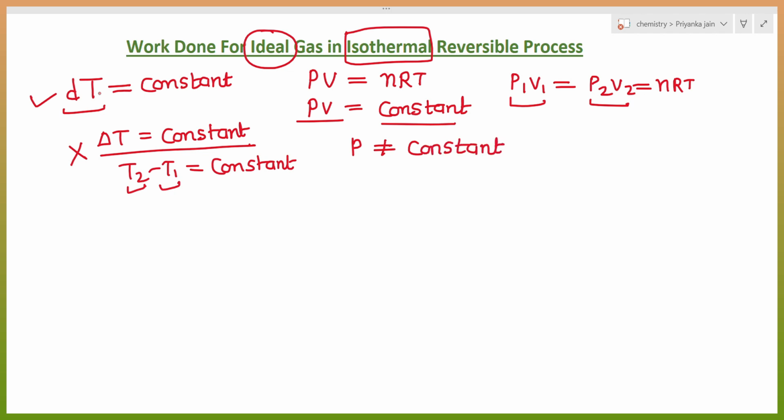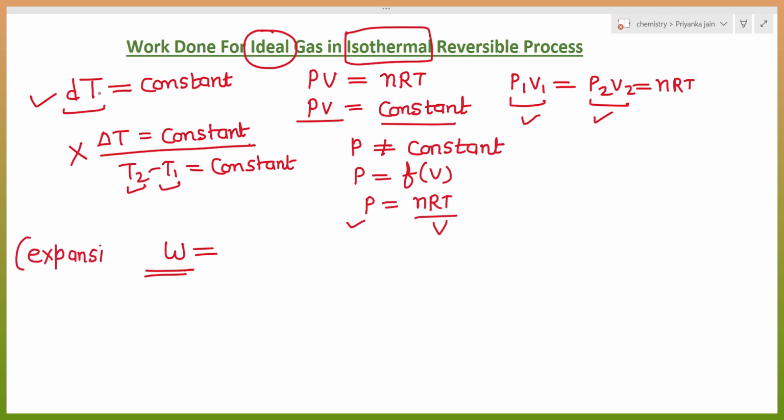So we can say P is a function of volume, or we can write here P is equal to nRT upon V. So you can use this equation, or this equation, any one equation whenever you are using it for the numerical. So find out the value of W, work done in an isothermal process. See here, we are seeing the expansion case.